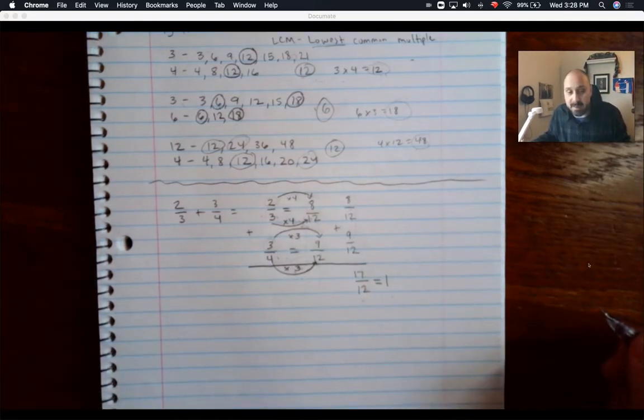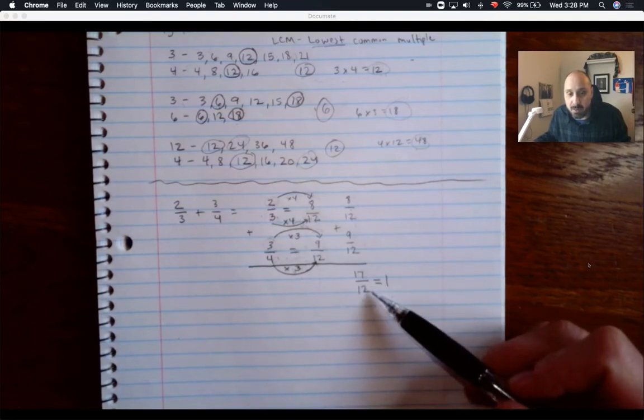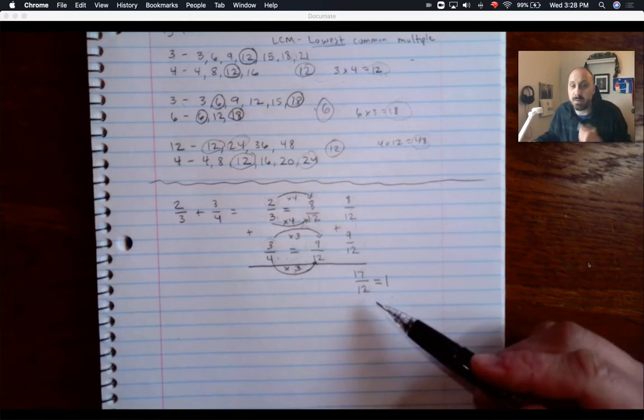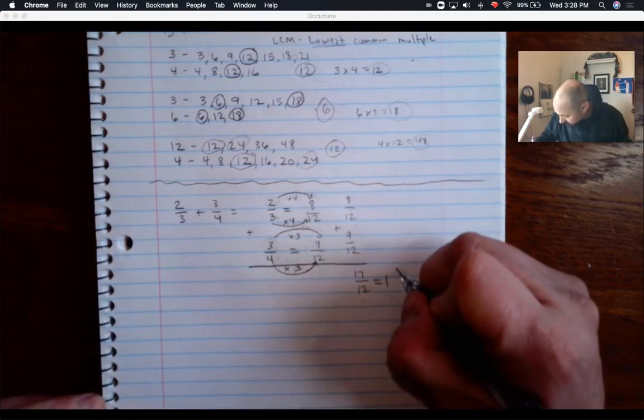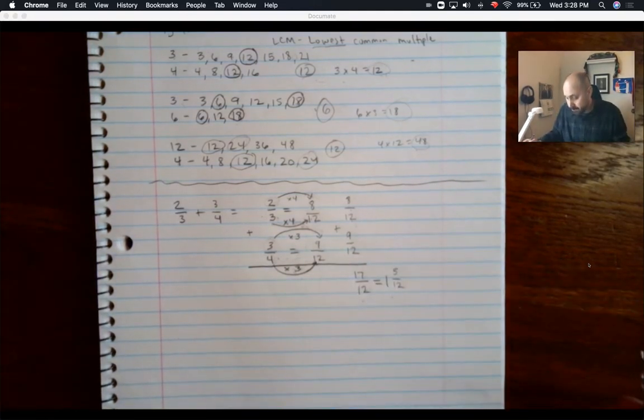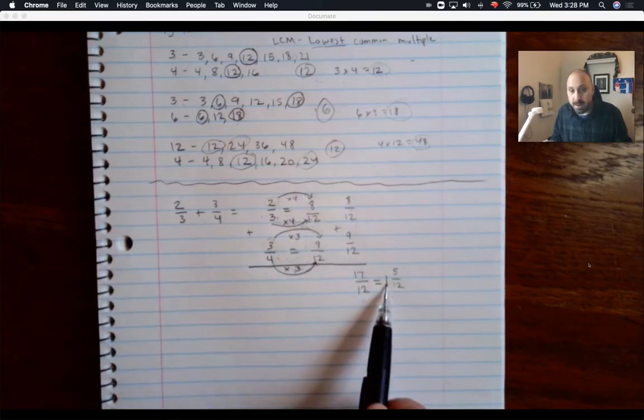And then we subtract 17 minus 12. So how many are left over? So 17/12 minus 12/12. What's 17 minus 12? 5. 1 5/12. So 2/3 plus 3/4 is 1 5/12.